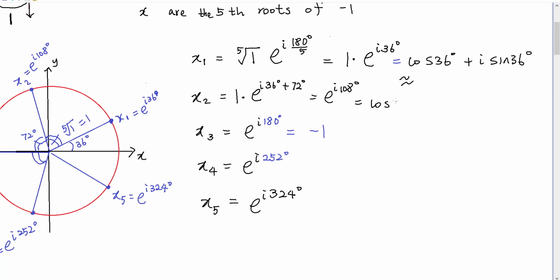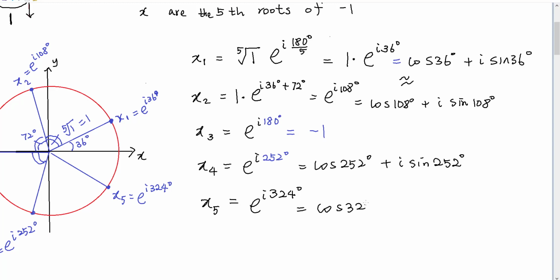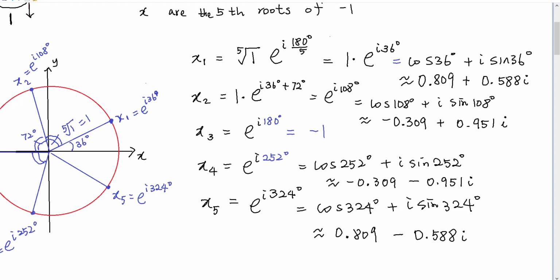This one is cosine 108 degrees plus i sine 108 degrees. And cosine 252 degrees plus i sine 252 degrees. And this one is cosine 324 degrees plus i sine 324 degrees. So put this in the calculator and get a decimal measure in rectangular form, an x plus yi approximation.